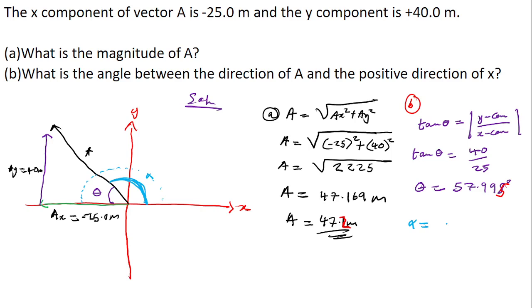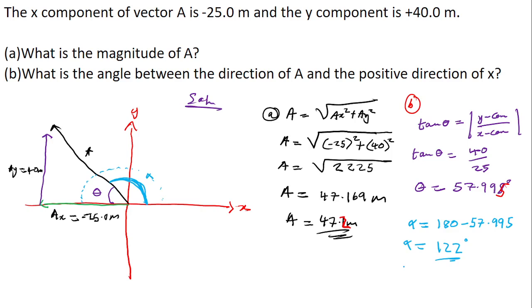So in such a case, you're just going to say 180 minus 57.995. What are you having as your final answer? 122.005 degrees. So this is our final answer.